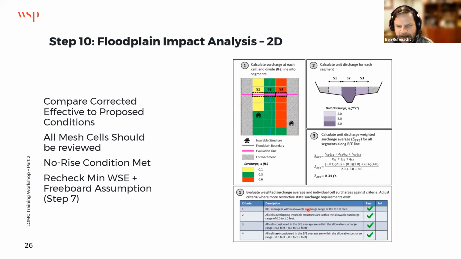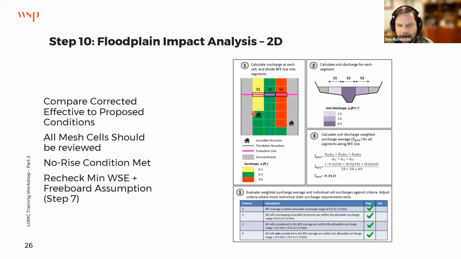This example is for floodway analysis in general, so it says 0 to 1 feet. For no rise, this just needs to be 0. So all averages need to show no rise. They need to be 0 or below, 0.00. All cells overlapping insurable structures have to show no rise.